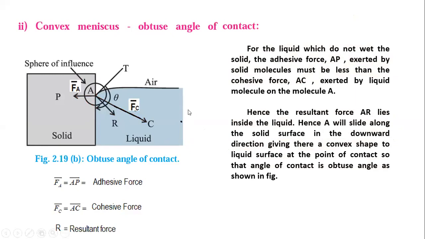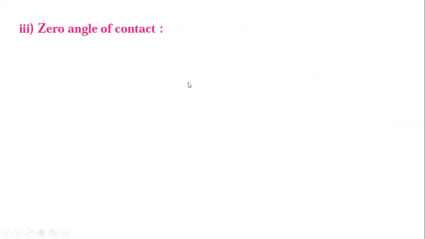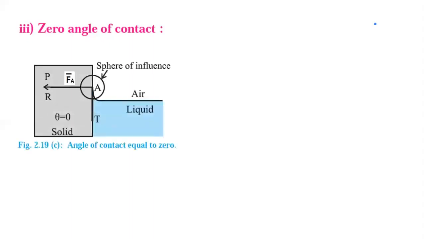So next is zero angle of contact. Now you know that in case of pure water, the angle of contact is zero. Now let's see the diagram here. You can see this diagram very carefully. In that case, this adhesive force is very much larger than the cohesive force.